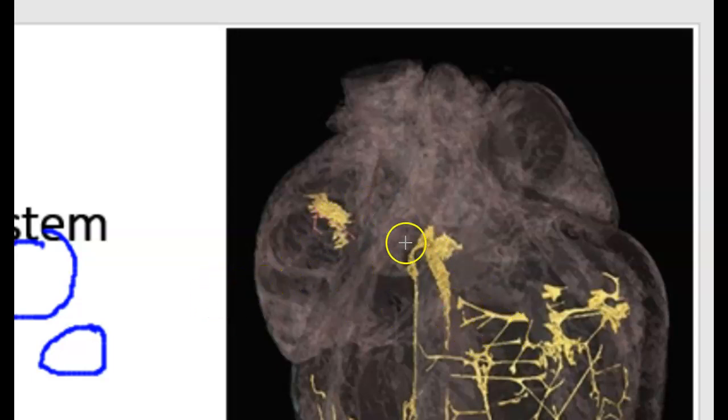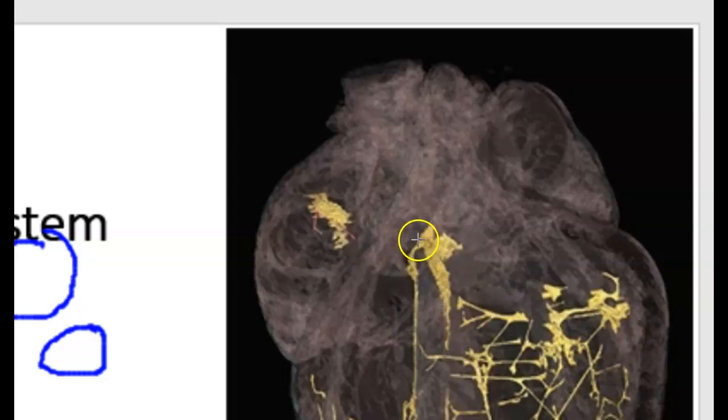Then we have the AV bundle, also known as the bundle of His, and then that bundle branches into a left component and a right component. We just call these left and right bundle branches.